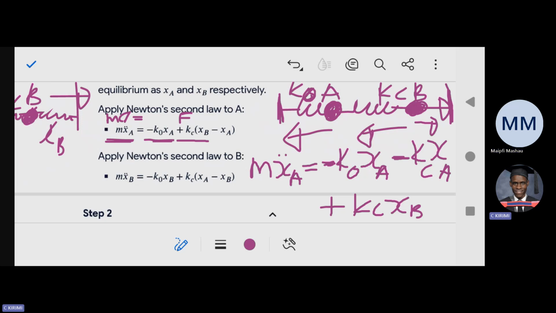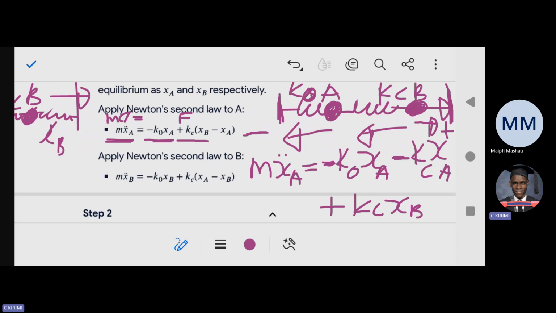Okay. When you compress it, you are going to move it to the right. Since we said the negative is this side, the positive is that side. That's why the equation is like this. And then here they just rewrite. So at first you can write it like this without the brackets.